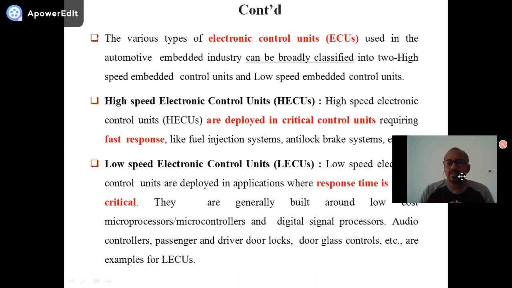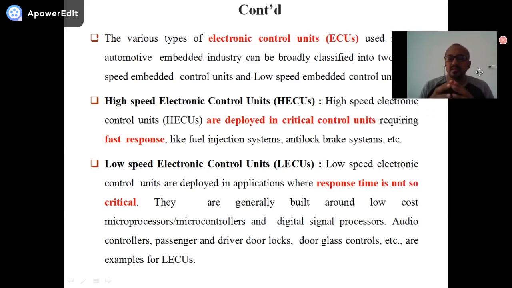The high speed control units are deployed in critical control units requiring fast response, for example, fuel injection systems or anti-lock brake systems of cars. The low speed electronic control units are deployed where the response time is not so critical, for example, door lock, central lock system, or audio control systems, where even a small delay is not going to do much harm to the system.